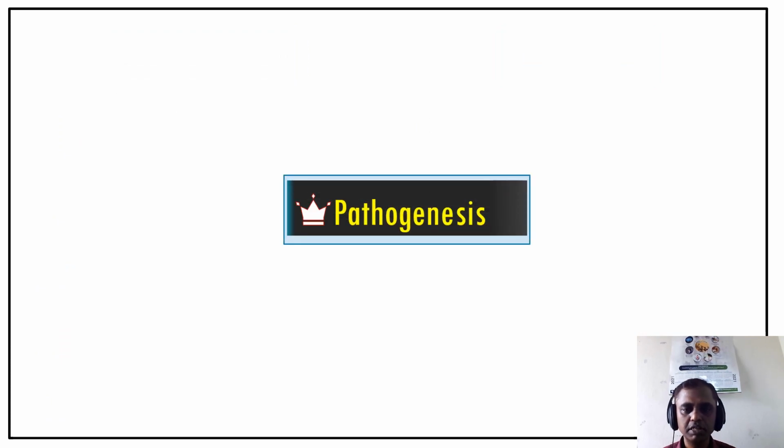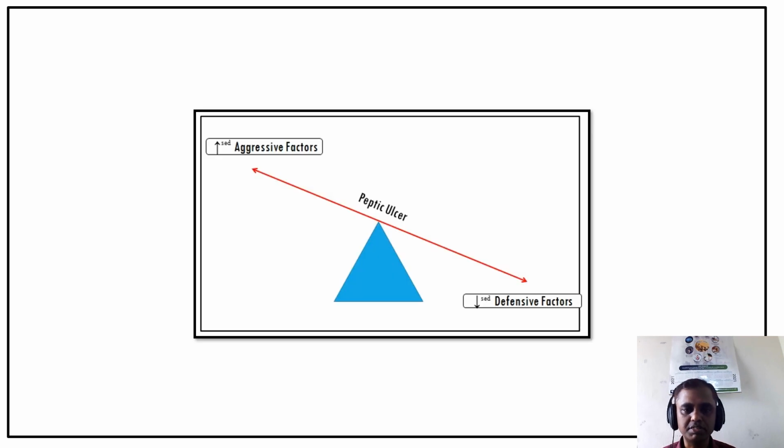Let us go to the very important chapter, the pathogenesis of peptic ulcer. As we discussed, peptic ulcer is a combination of increased aggressive factors and decreased defensive factors. As we know, HCl is one example of an aggressive factor, and bicarbonate is one example of a defensive factor.